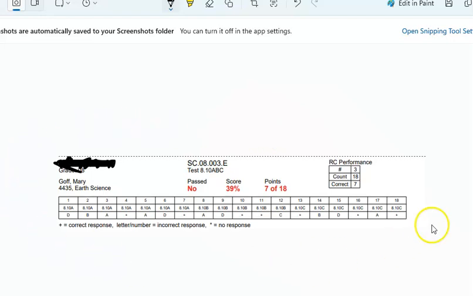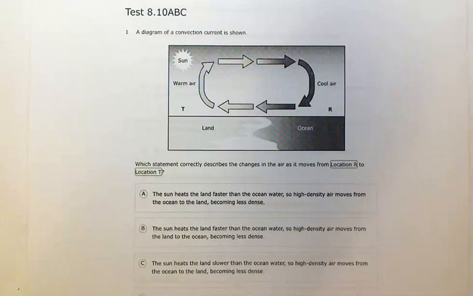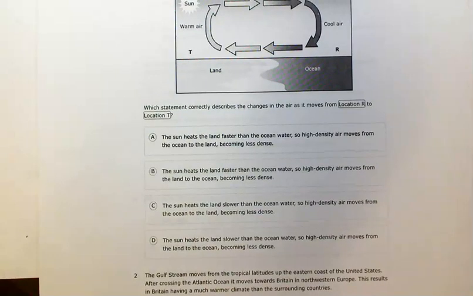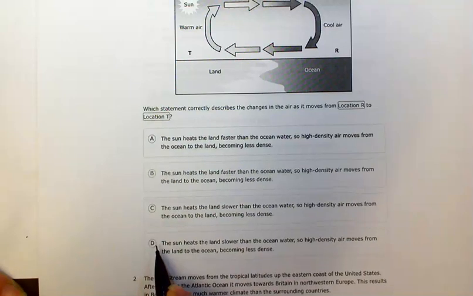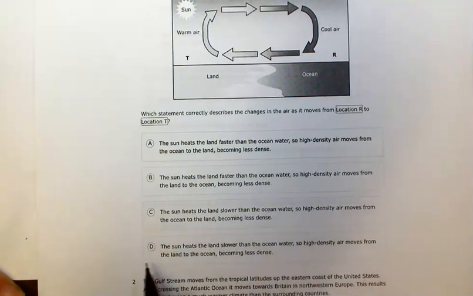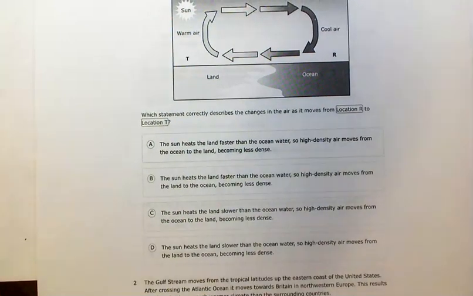So if this was my little printout, the first thing that I'm going to do is I'm going to go to my test. It said that I missed number 1 and that I picked D and it was incorrect. So I am going to take a pencil. You're not going to see me actually do this, but I would mark out D for number 1.